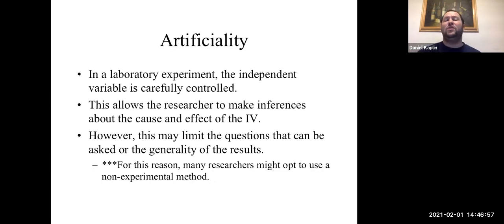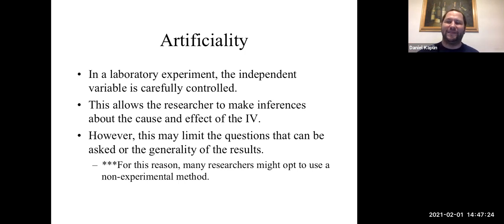Artificiality. When doing an experimental design, in order to have cause-effect relationships, the experiment must be carefully controlled, airtight. And because of that, it happens oftentimes in a lab. Now, there are field experiments too, but many times what happens in the lab doesn't generalize out to the real world.